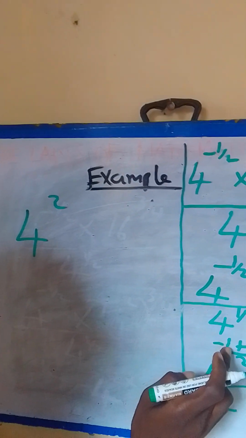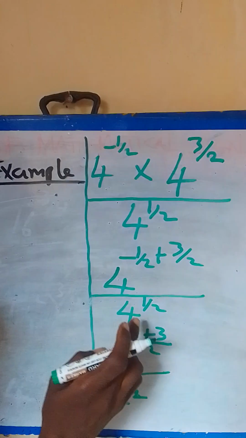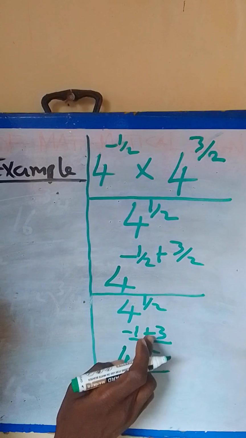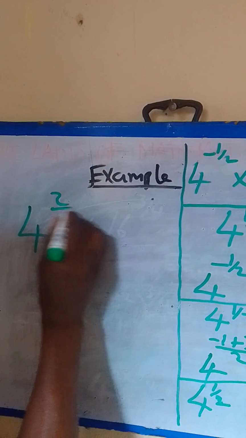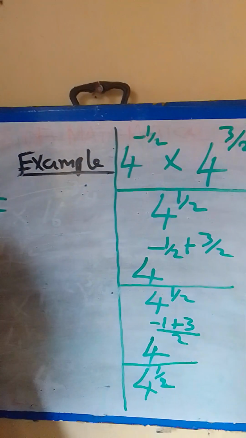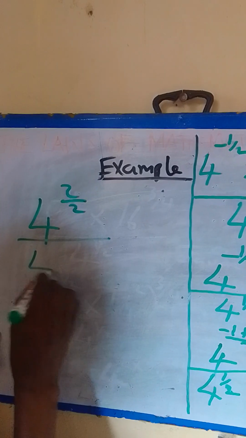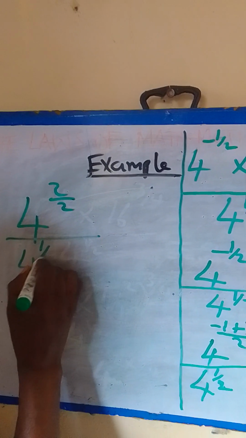The bigger number here, which is 3, is carrying a positive sign. So it becomes plus 2, all over 2, this 2, all over 4 raised to power 1 all over 2.